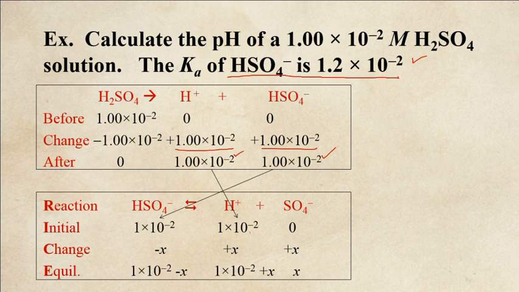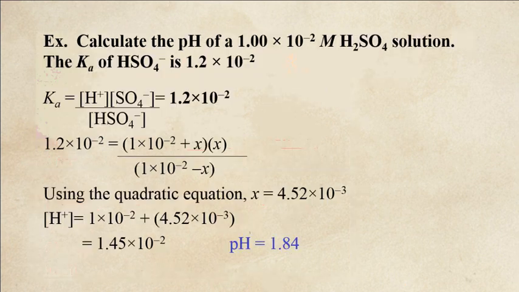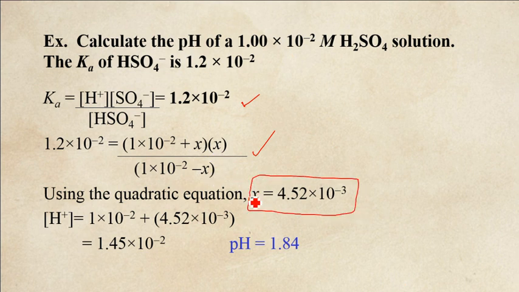The problem here is that we are subtracting relatively small numbers on a relatively large Ka value. So we're going to have to consider and use the quadratic formula. So first things first, here's my Ka expression. Here's my fill-in. If you use the quadratic formula to build a polynomial and then simplify and set equal to 0, your quadratic formula will yield an x of 4.52 times 10 to the negative 3.